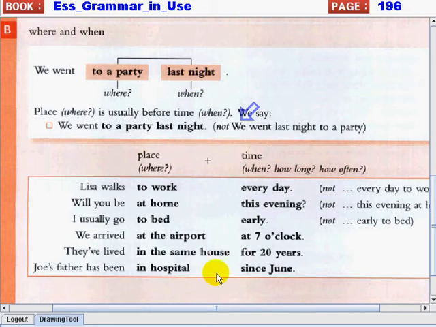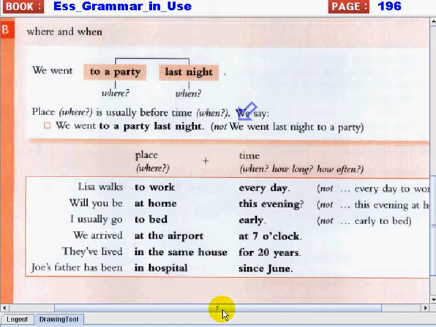So, we will find out how we can make a grammatically correct sentence even though we use where and when. We usually use where and when in the beginning of our sentence when we make questions. But in this case, we will try to find out how to properly put them in a sentence that is not a question.